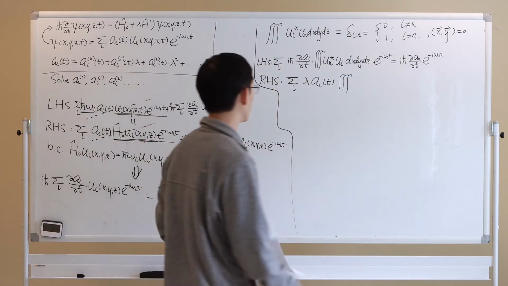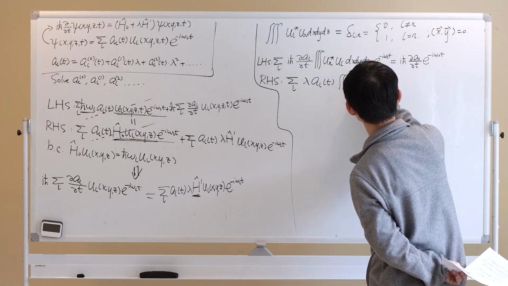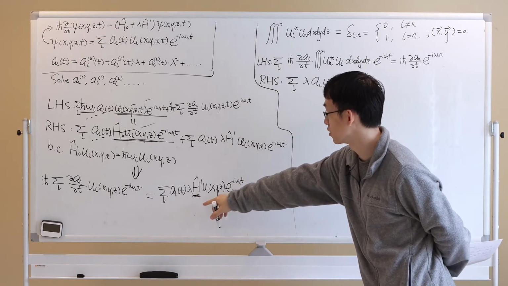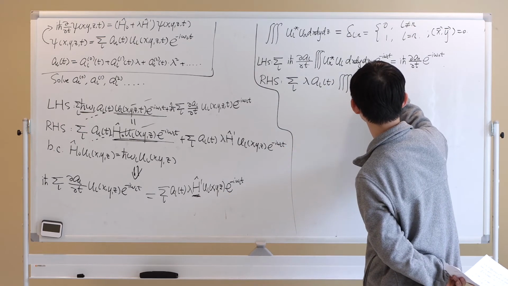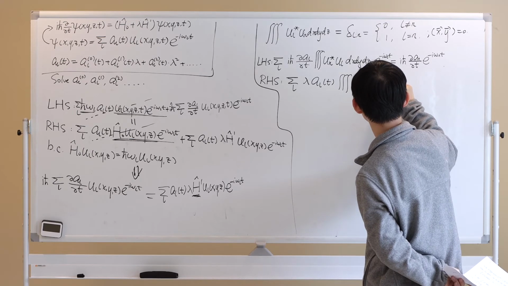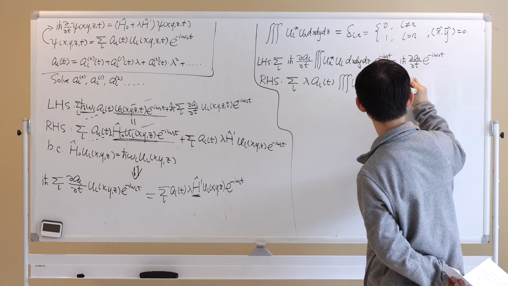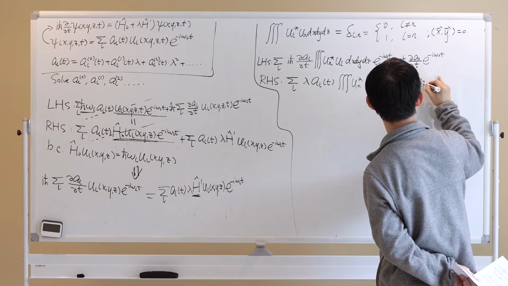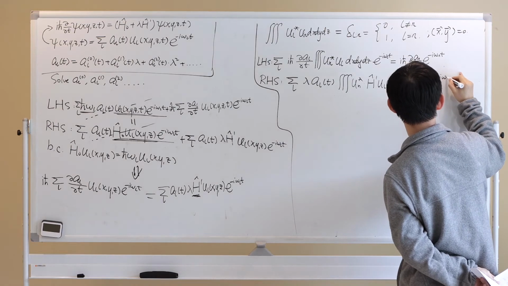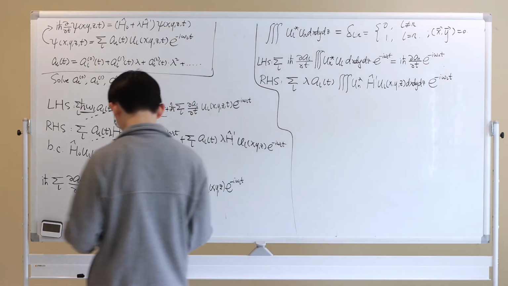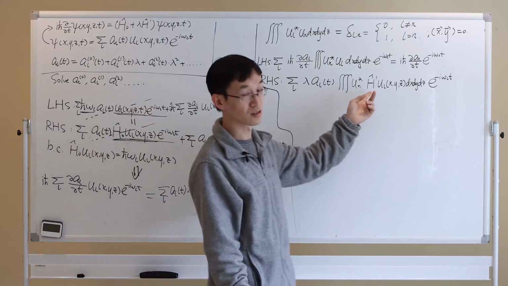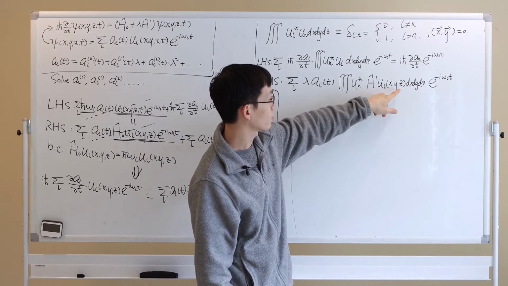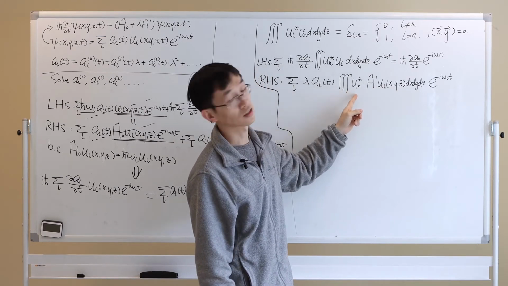Okay, and then you multiply u_n on the left-hand side, and in the middle is H, and then you have u_l, dx dy dz, e to the minus iω_l t. And what is this? This is an operator acting on a function of xyz times another function of xyz.